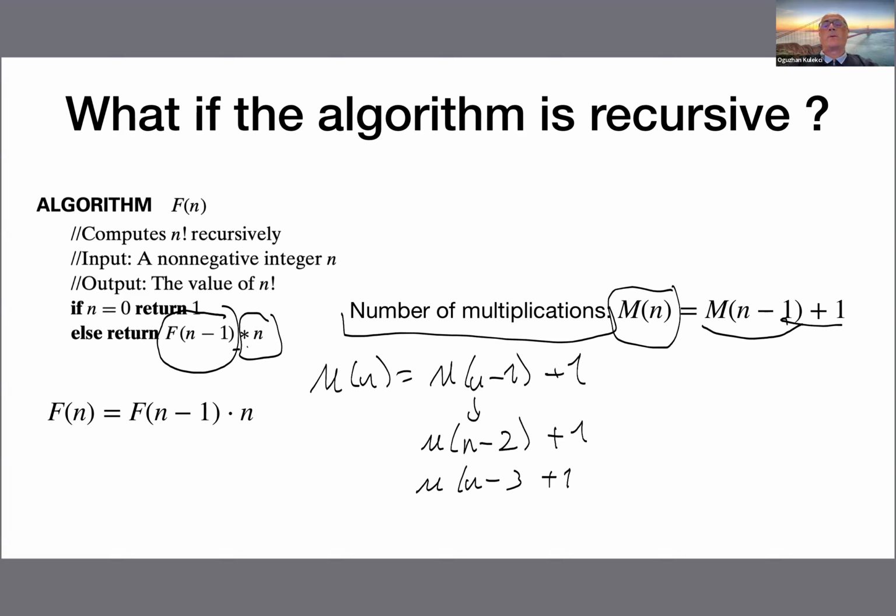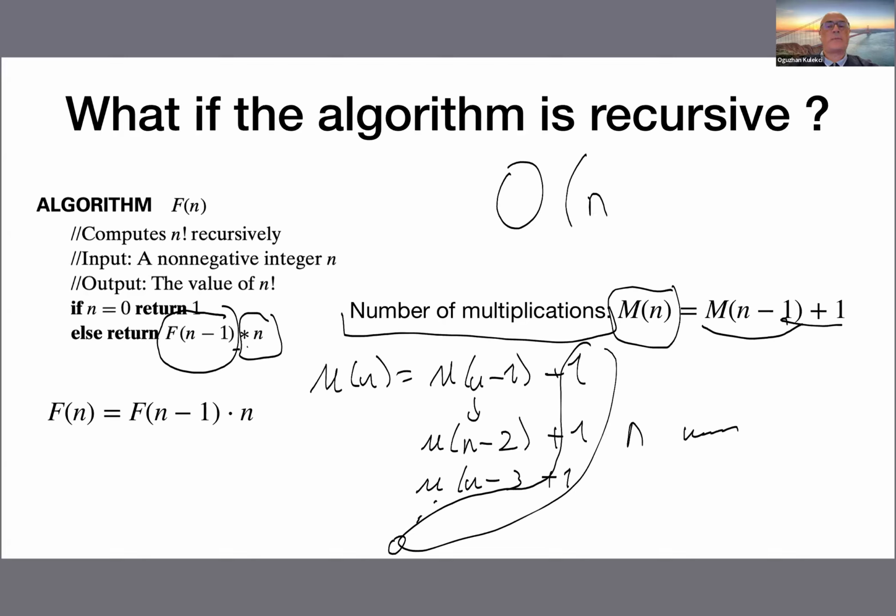If we go in this way, we will go up until 0, and we will see that we will be stacking up n multiplication operations. That is why I will say that this recursive function has a running time complexity of O(n). And for the space complexity, there is no increase in the space. It's not using any auxiliary space, so it is constant.